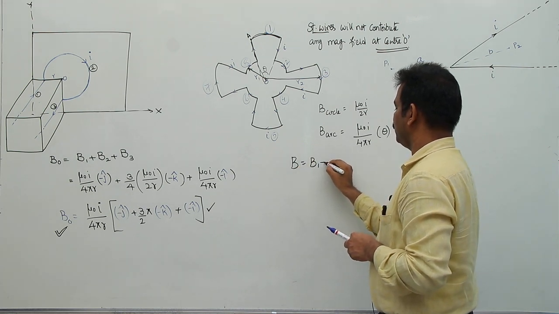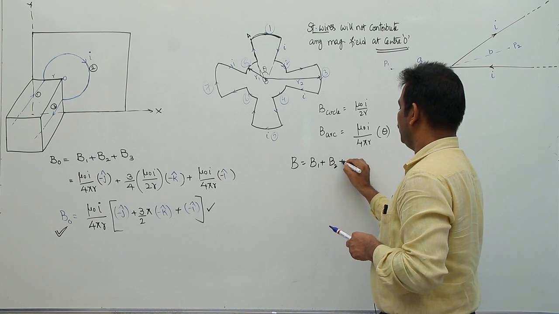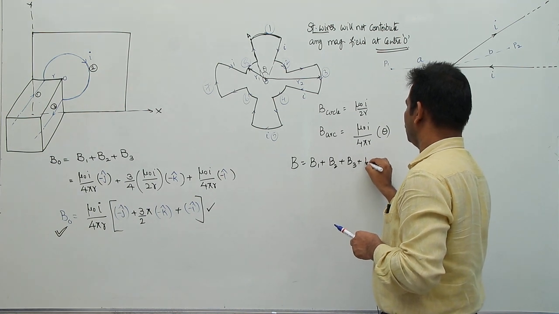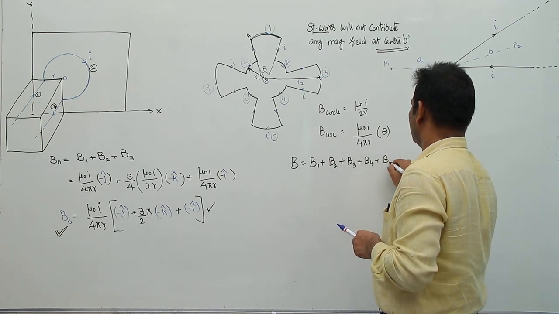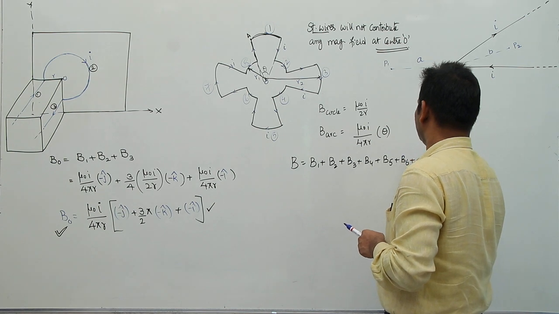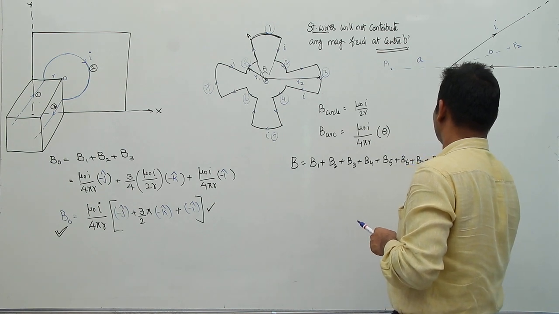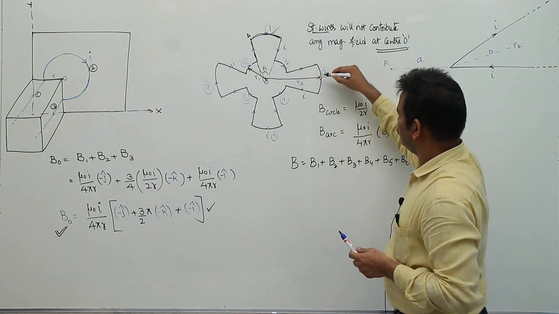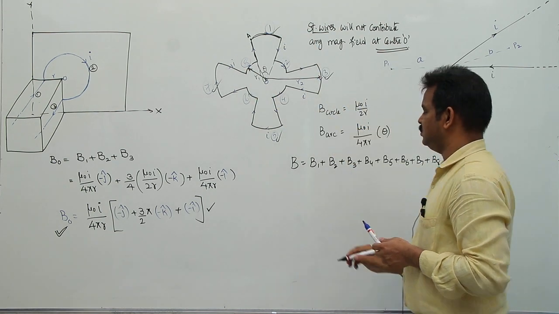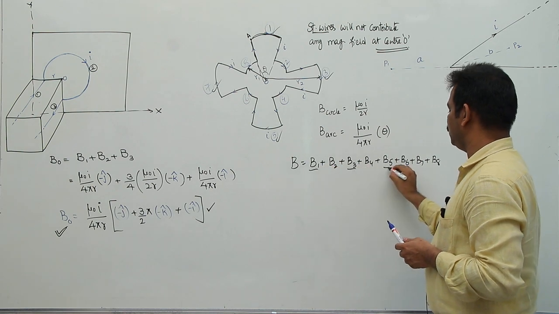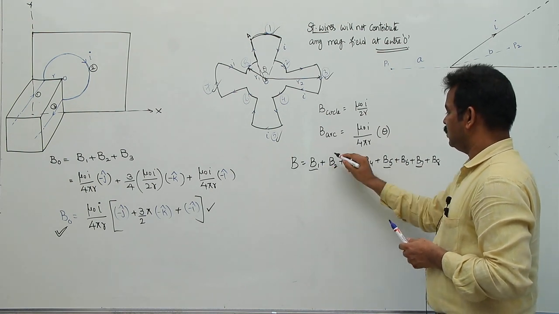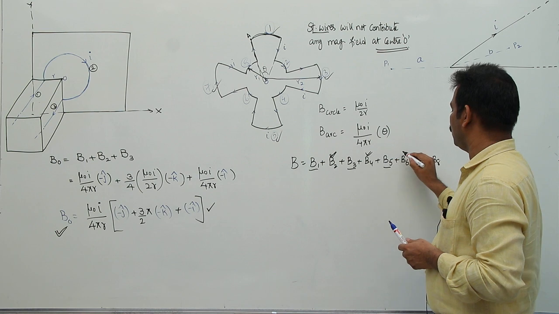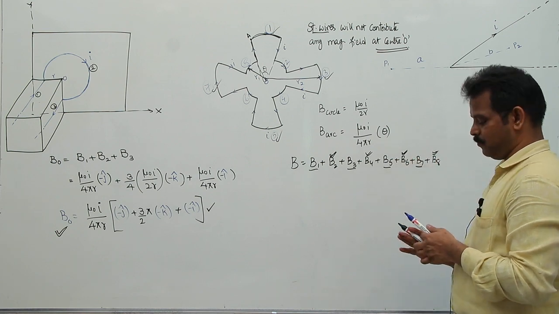So what is the net magnetic field here? The net magnetic field is given by B1 arc, B second arc, B third, B4, B5, B6, B7, B8, because 8 arcs are there. In that, 1, 3, 5, 7 are similar, and 2, 4, 6, 8 are similar.